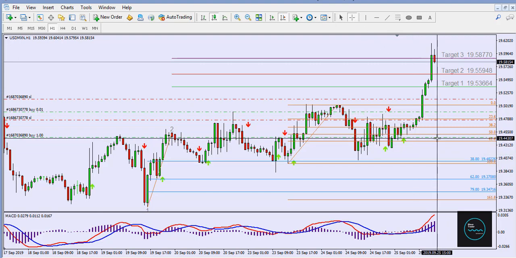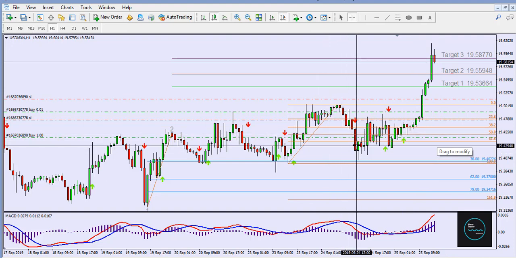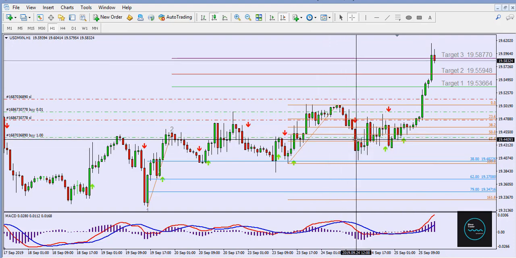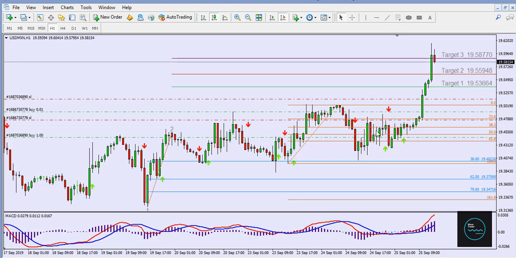Just mark that here. So if I had placed a 1 micro lot entry here, there would have been a slight drawdown against me, but by hanging on, once the market began to go back up, I could have gone in with a standard lot and then just hung on through all these gyrations.